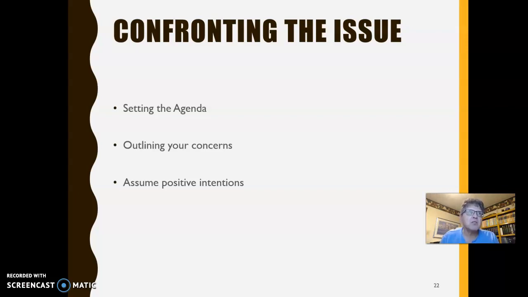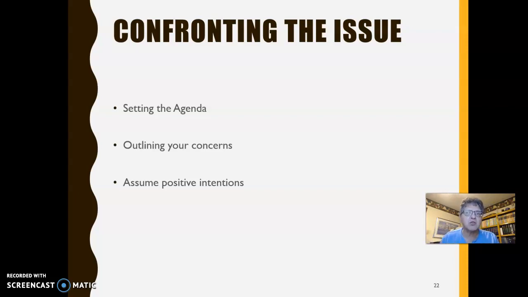Part of setting the agenda is also establishing a time when you can meet with the other person. I don't think very many people like it when somebody says to them, "I need to talk to you right now," when they don't realize that any kind of conflict in the relationship is being experienced, or cryptic messages like, "We need to talk sometime," which oftentimes leave you to wonder and perhaps even worry about what's going on.